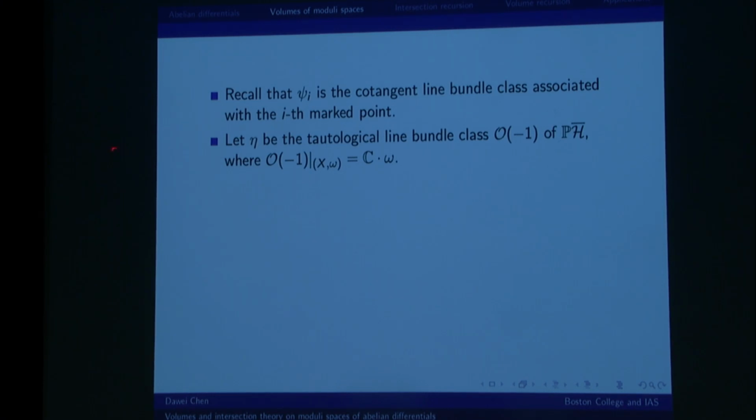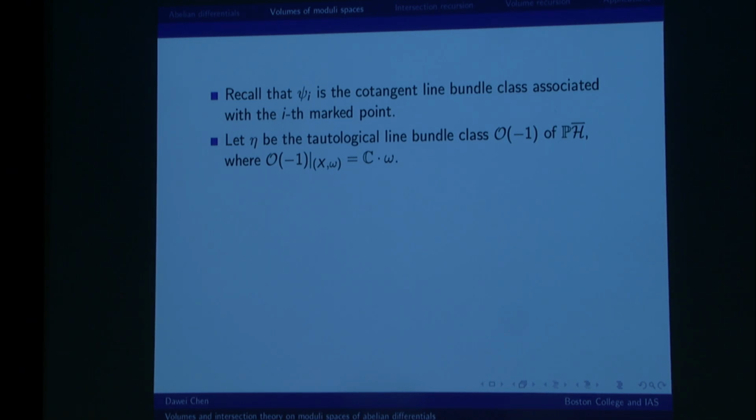So that class I call eta, which is also natural, because if you think about it, I start from the projectivized Hodge bundle. Well, let's forget the bundle structure. Suppose I have a projective space. Then it has a natural line bundle, the tautological line bundle called O(-1), whose fiber is just spanned by the underlying equivalence class of that vector.